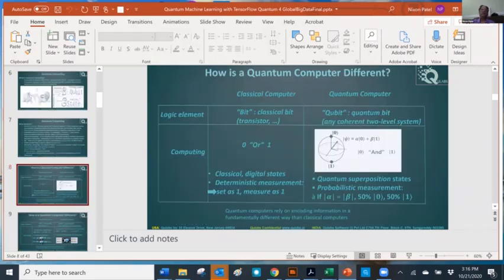If you look at this diagram, classical computing typically has a 0 and 1 as a bit, right? So there are two possibilities.